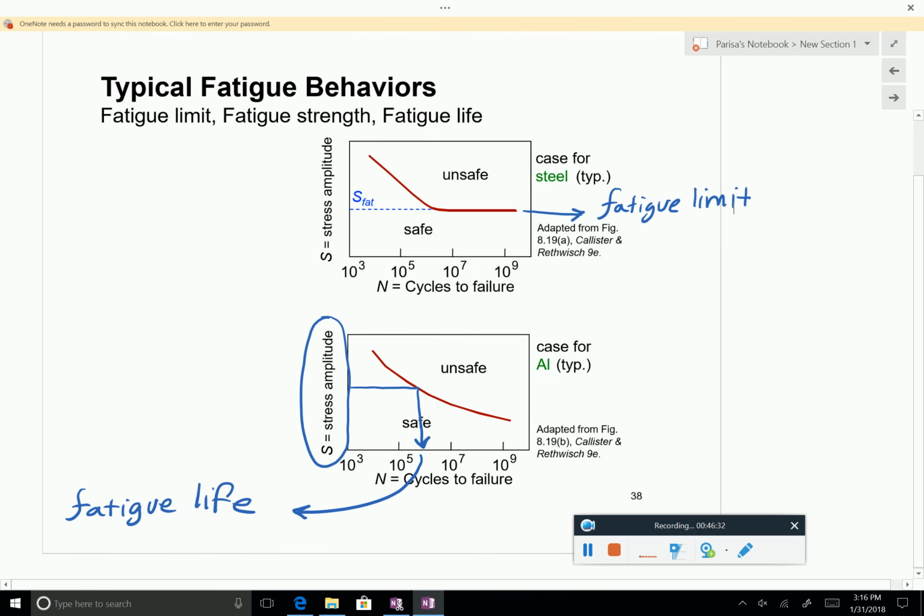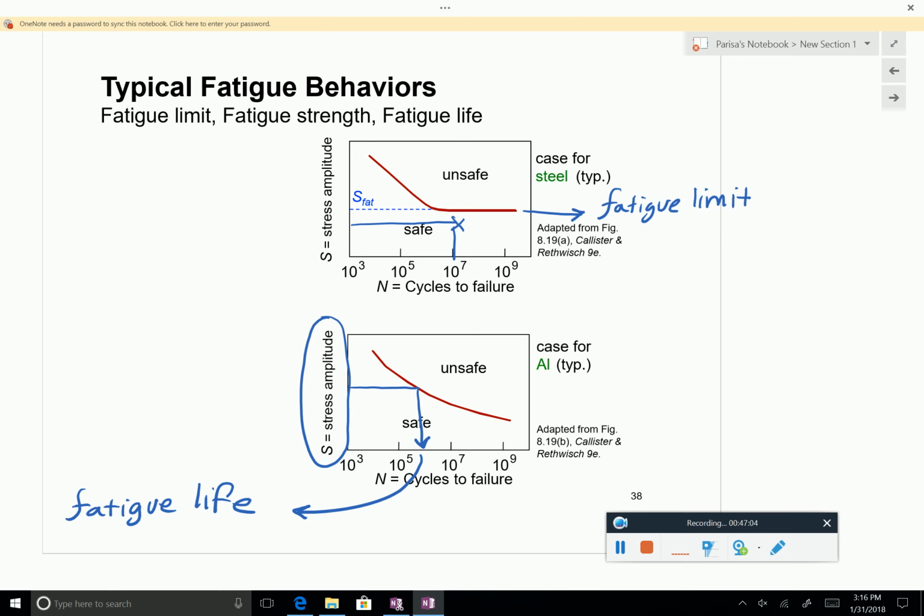So if you want to see if a stress condition is safe or unsafe, you have to see where it falls. If you know how many cycles that material or structure is going to tolerate and at what stress level, then you have to look at this point and see whether it is safe or unsafe for that particular material.